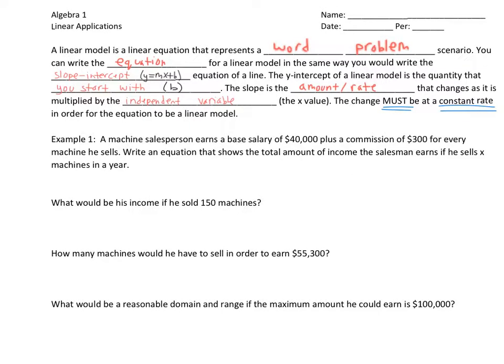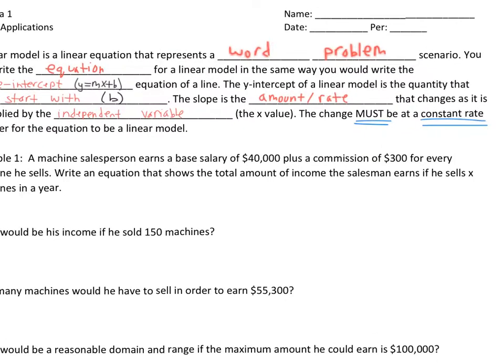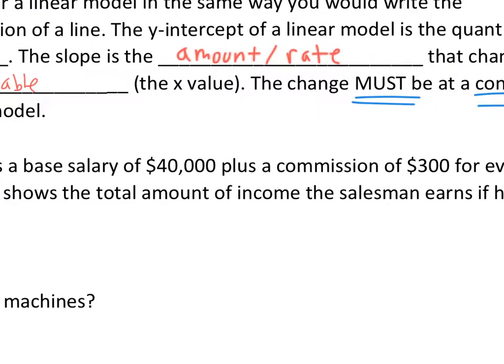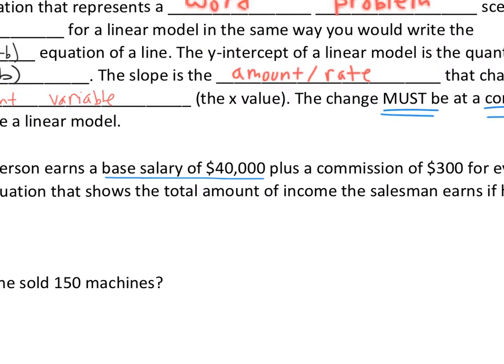Example 1: a machine salesperson earns a base salary of $40,000 plus a commission of $300 for every machine he sells. Write an equation that shows the total amount of income the salesman earns if he sells x machines in a year. Okay, so we have a few things going on. The base salary of $40,000, that is your start.